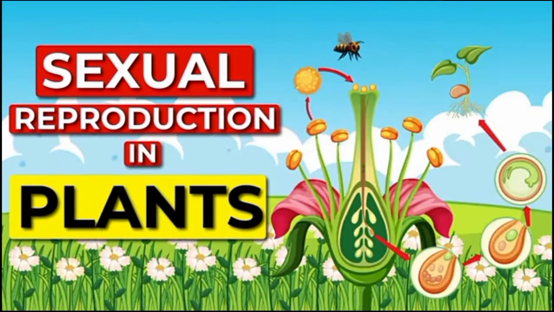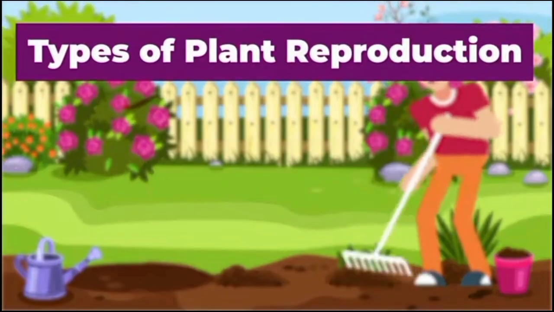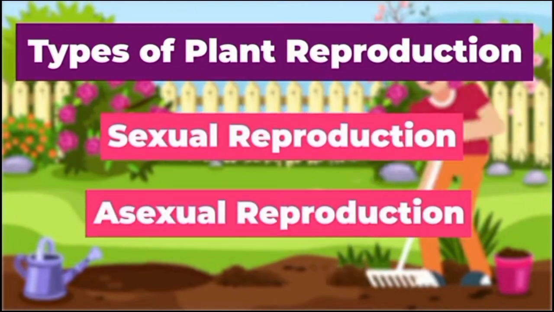Did you get the perfect score? If yes, good job! Okay, in this lesson, we're tackling sexual reproduction in plants. There are two types of plant reproduction, sexual reproduction and asexual reproduction.